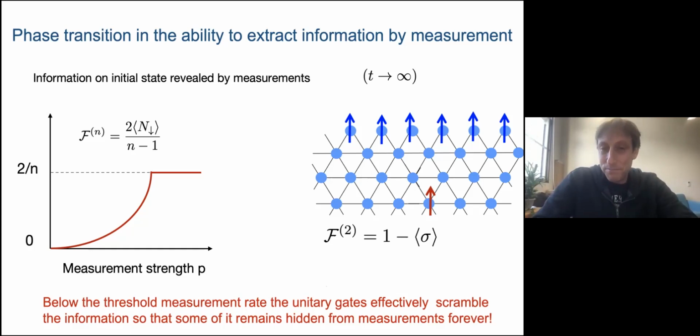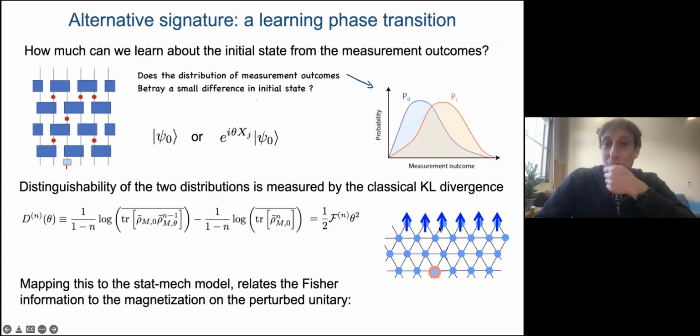Also, is it an Ising model at zero temperature or at finite temperature? Finite temperature. The mapping is to a classical Ising model at some finite temperature. But what plays the role of the temperature? Well, the measurements play the role of temperature, more or less.